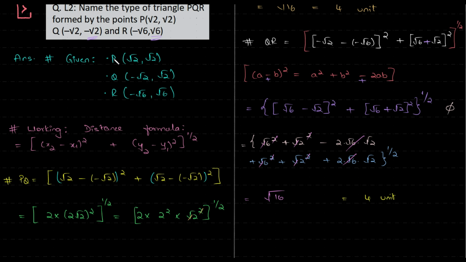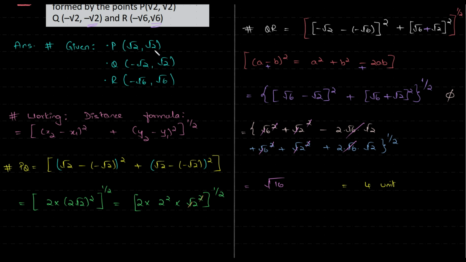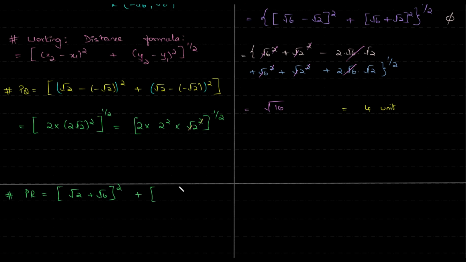And we have PR. So we have root 2 and minus root of 6. So PR is root 2 minus of minus root 6 the whole square plus root 6 the whole square, plus again we have 2 and root 6, so root 6 minus root 2 the whole square.